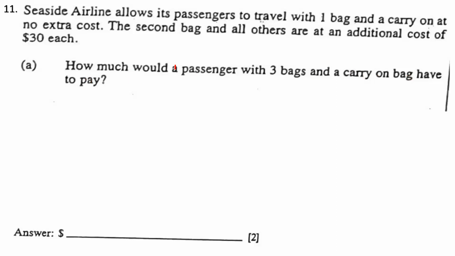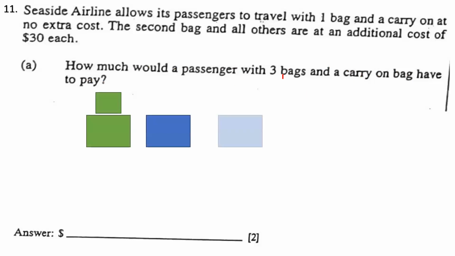How much would a passenger with 3 bags and a carry-on bag have to pay? So what does the passenger have? Well, the passenger has 3 bags, 1 bag, 2 bags, 3 bags, and a carry-on, okay?